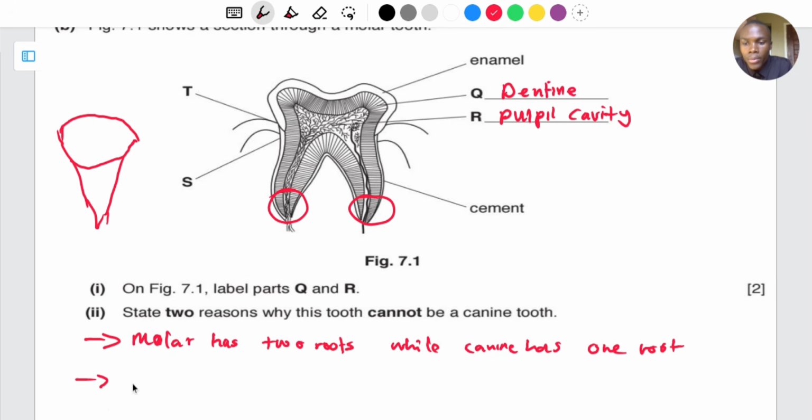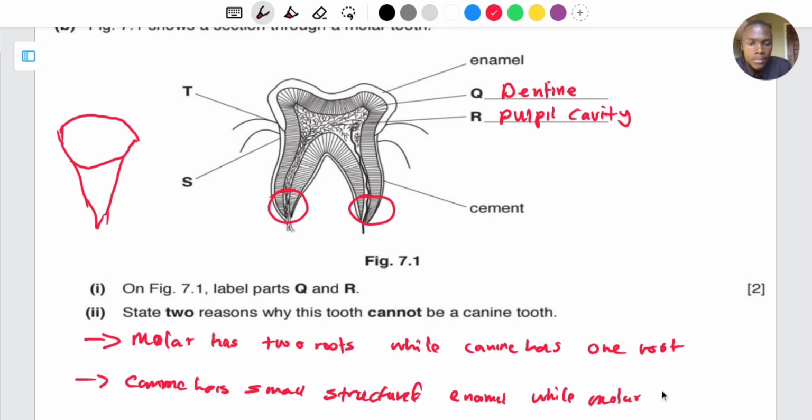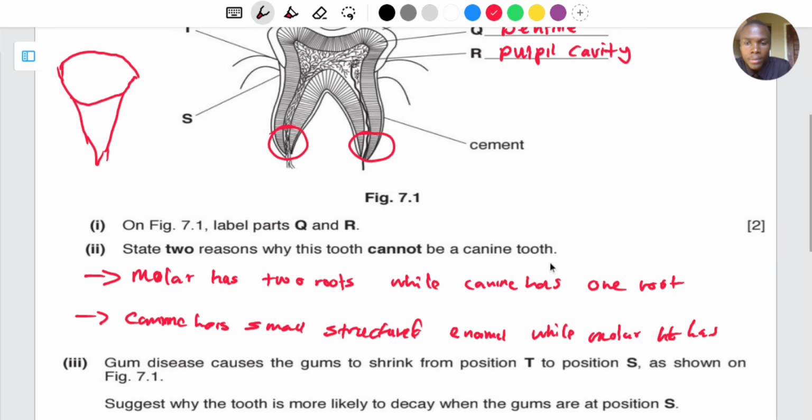So we can say the canine has small structured enamel, while the molar has bigger, large enamel.